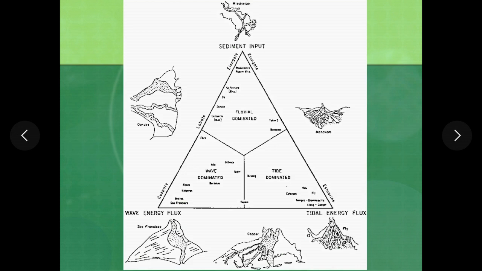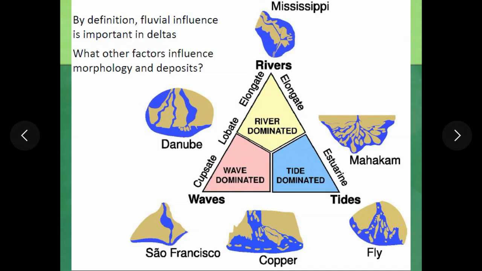Again, the same thing is shown in triangular form. It is better to understand here in this diagram. Now this end represents the dominance of river, this end represents dominance of tides, and the third corner represents the dominance of wave. So based on the dominance of these processes, the deltas show different shapes or morphologies.